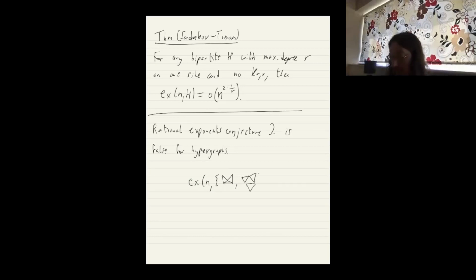If you ban both of those, then in that particular case, it's known that the extremal number is little o of n squared, and it's also close to n squared. And actually it's known that if you go to higher uniformities, like uniformity 5, you can take a single graph for which this is true.